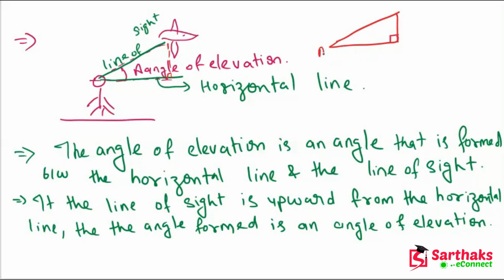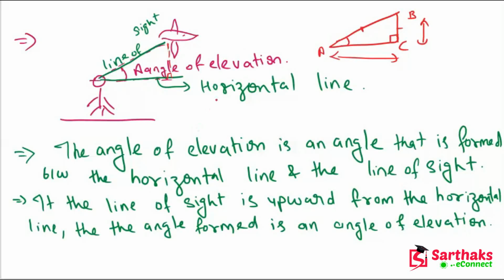Okay, A, B, C. So now with the help of this triangle and trigonometric ratios, we can easily find the distances between them or maybe height. If we know the line of sight and this angle of elevation, then we can easily find the distance of the bird from the ground.